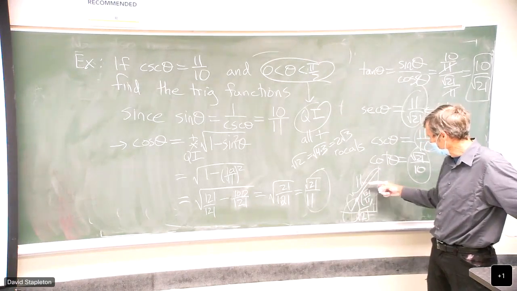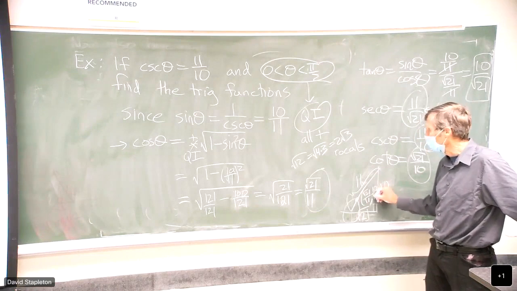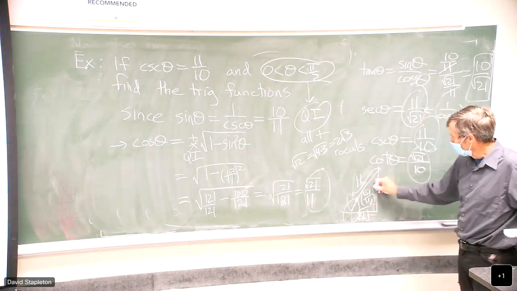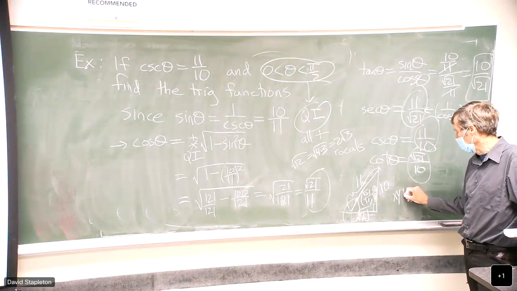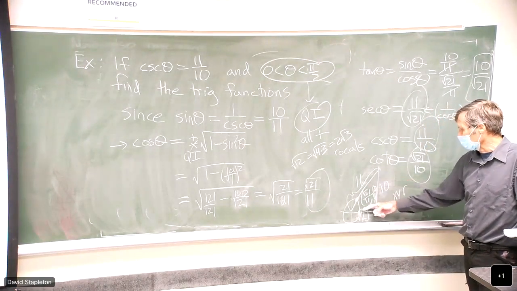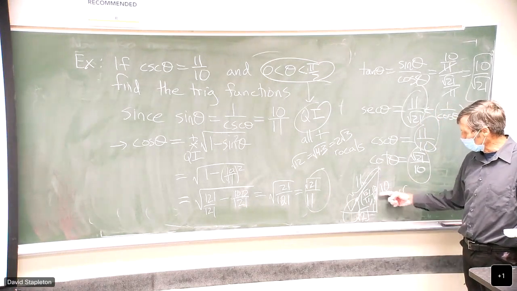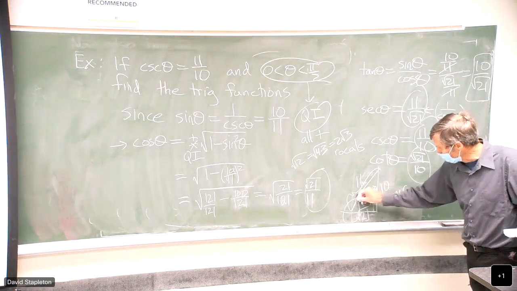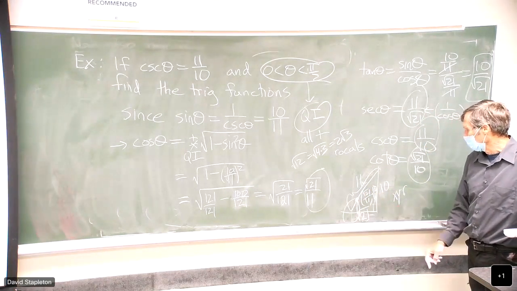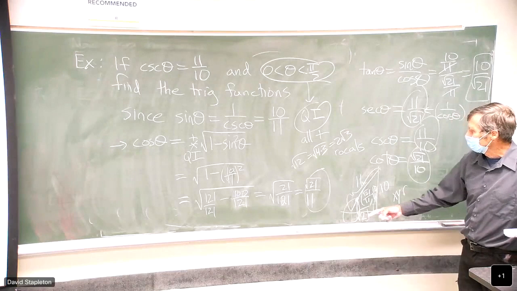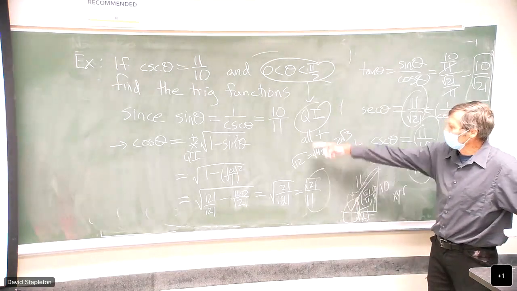And the sine is this one over the length of the hypotenuse, 10 over 11. And then you get that. So you can also do it that way. They call it the XYR diagram. But I just wanted to show you geometrically why you get the 3 numbers. It's coming out of this triangle and scaling it to the unit circle, but with these 3 sides: square root of 21 over 11, 10 over 11.